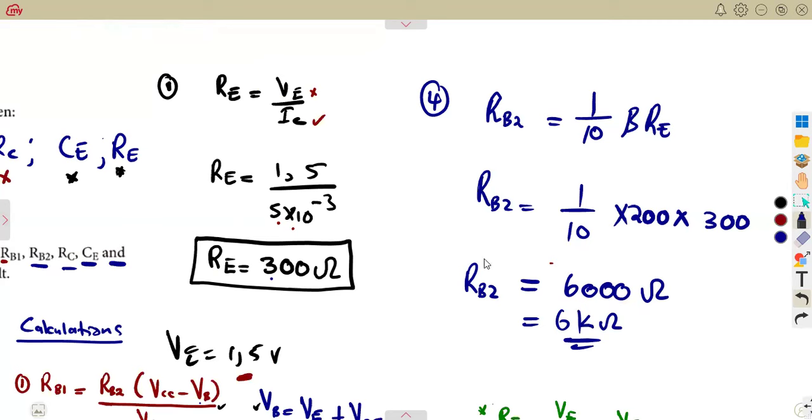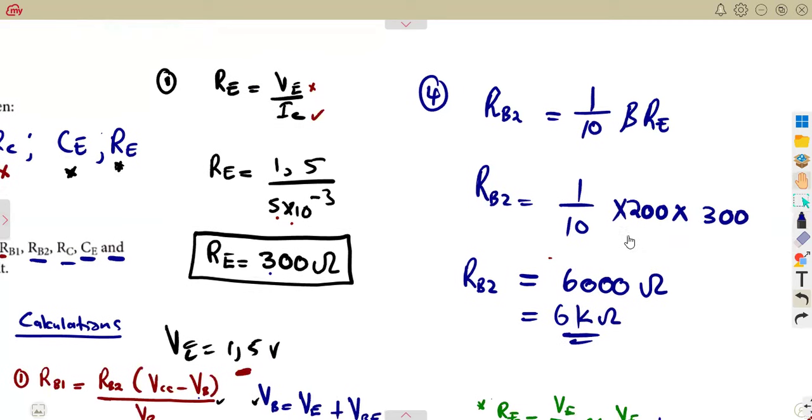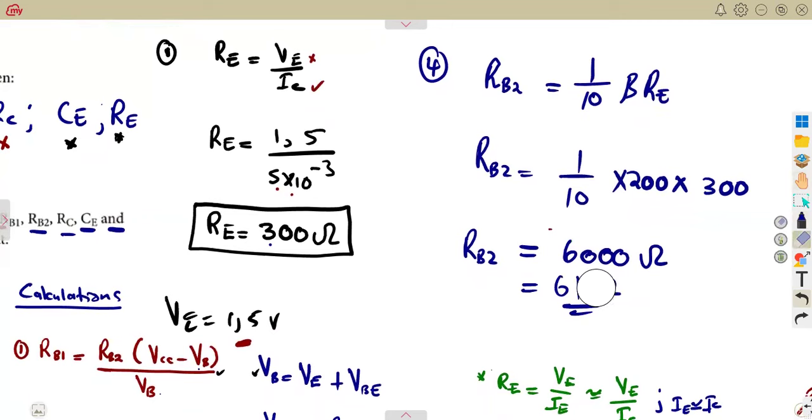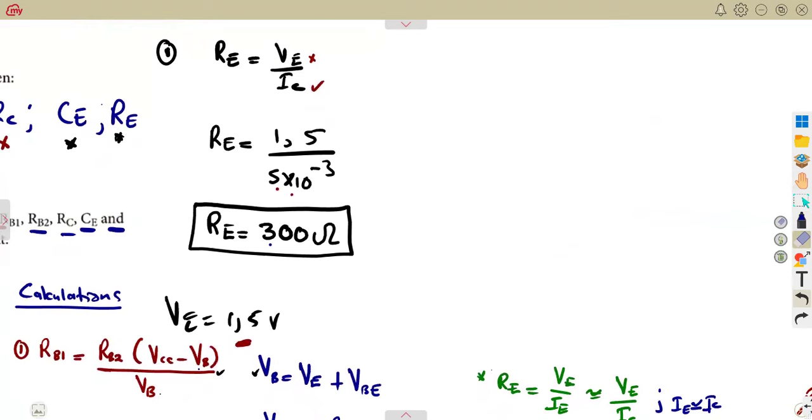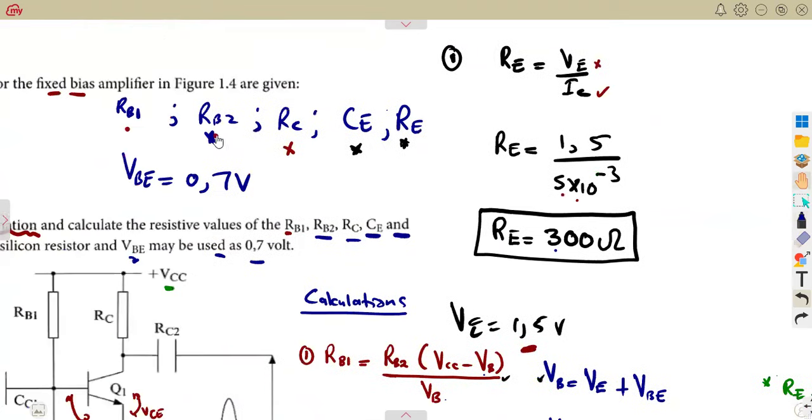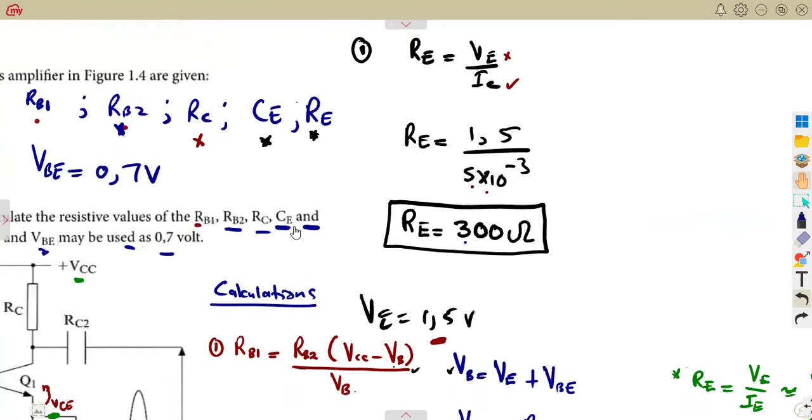So that's it, we have got the value of RB2. You must remember this because we are going to need this 6,000 ohms to calculate the value of RB1, which is the last value that you need.